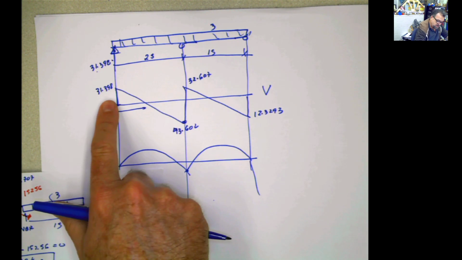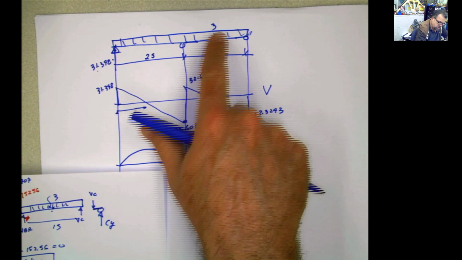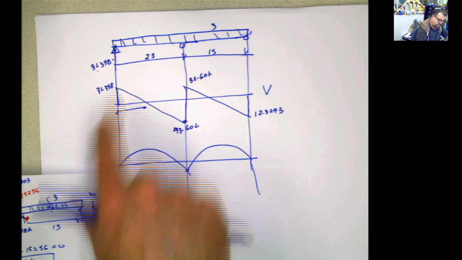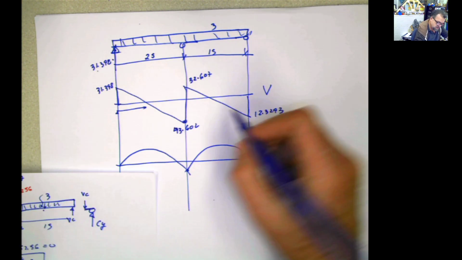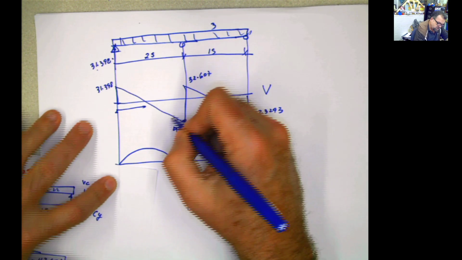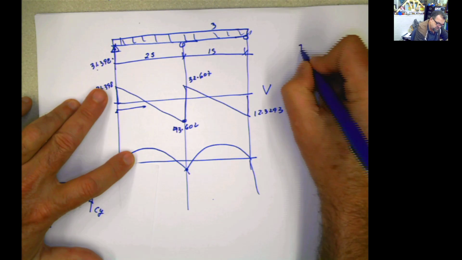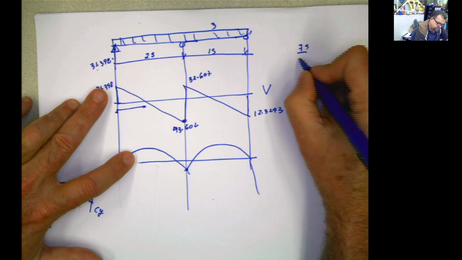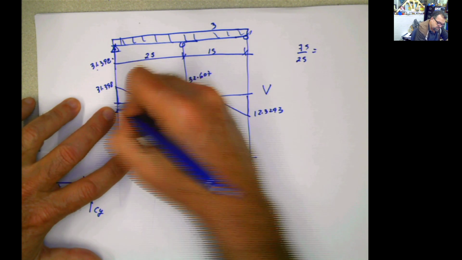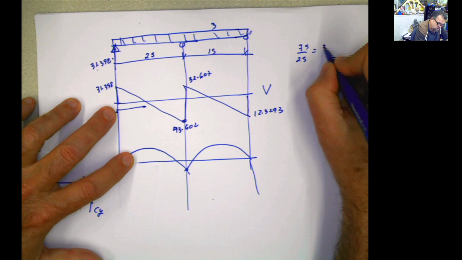The total value here is 3 times 25, which is 75, then you have this value. What I'm trying to tell you is this, look, you can say the total distance, which is 75, is at 25, as this one, 31.398 is to x.